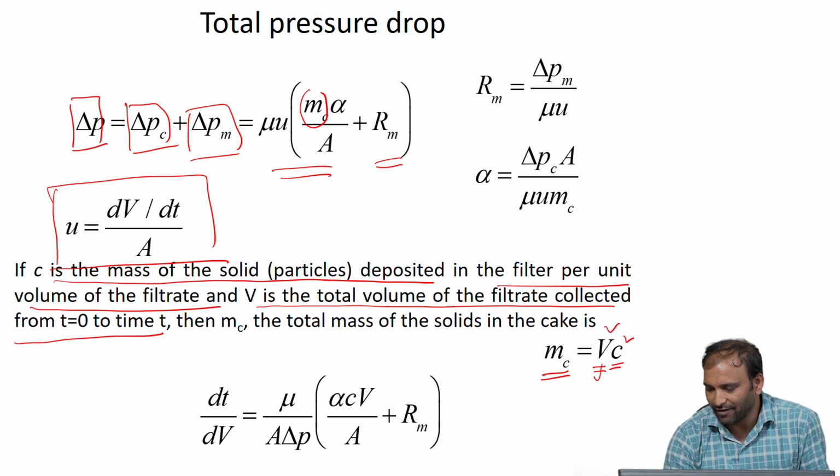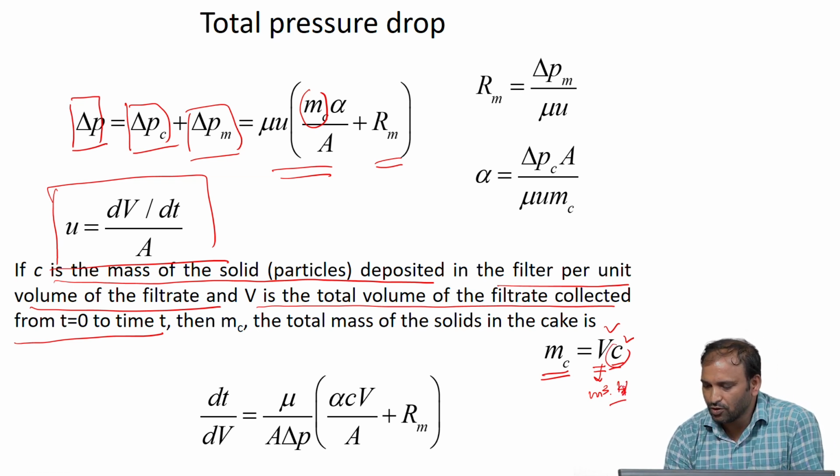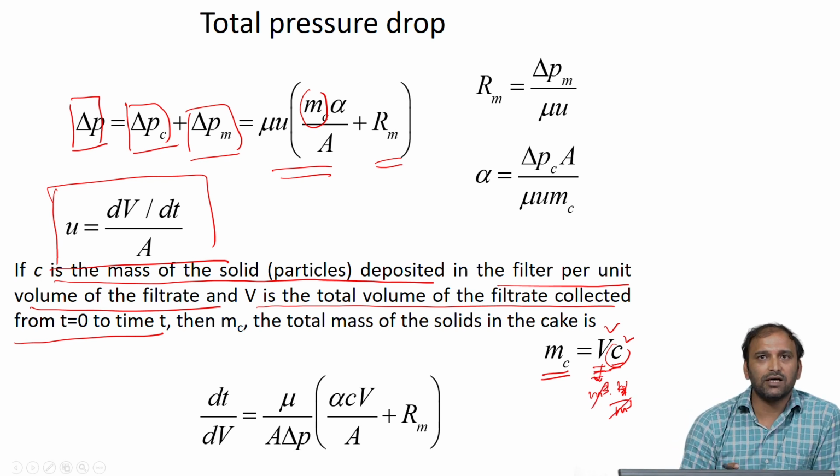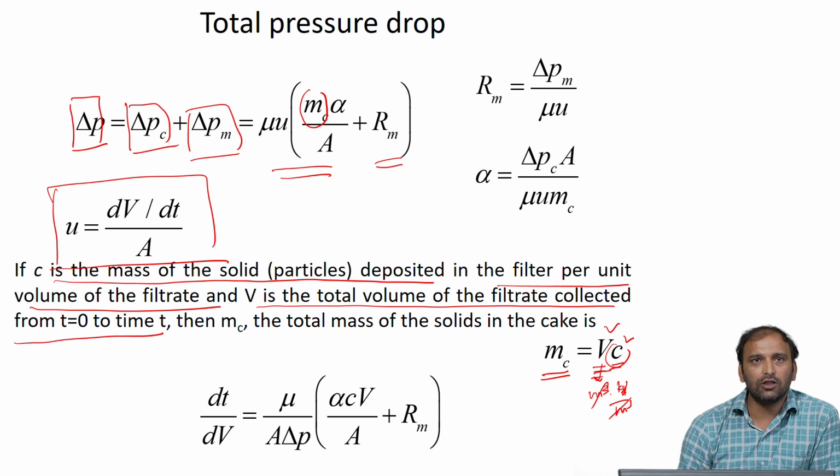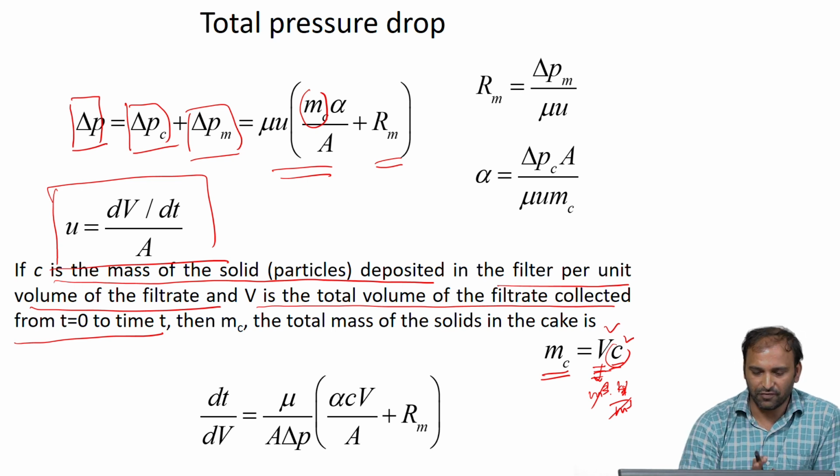So V will have units of meter cube, and c will have units of something like kg per meter cube. Therefore mc essentially will have units of mass, that is the mass of the solid particles deposited onto the filter cake per unit volume.